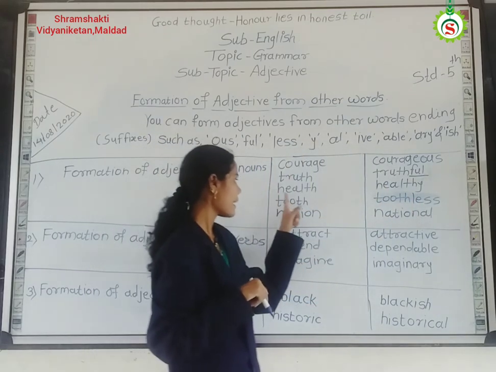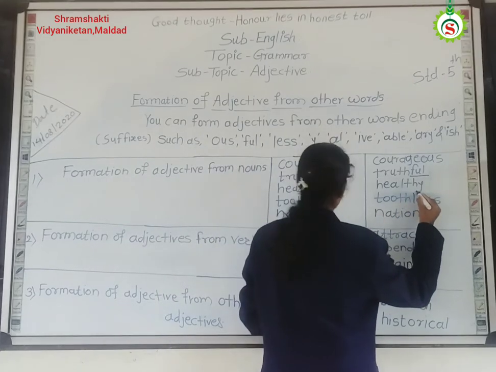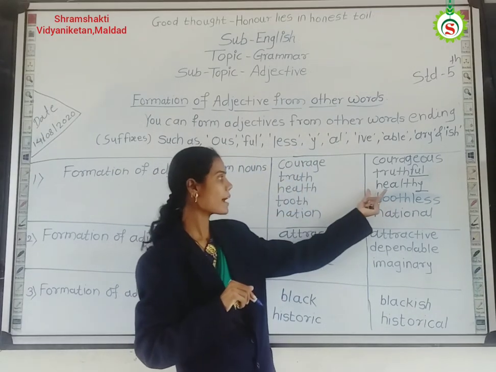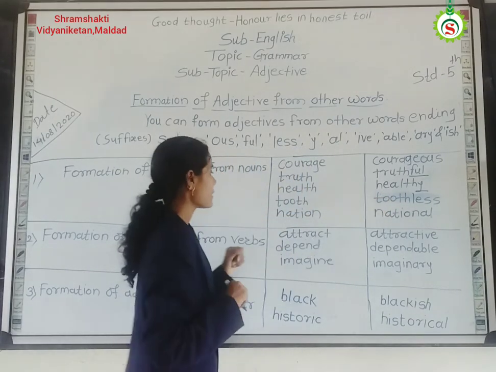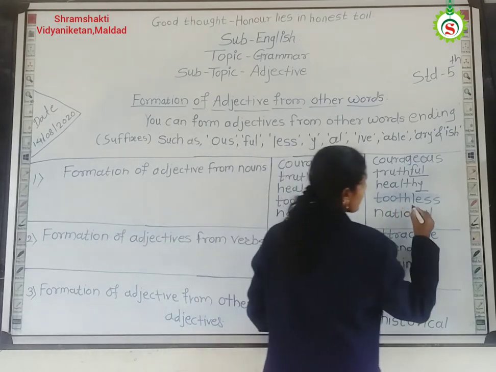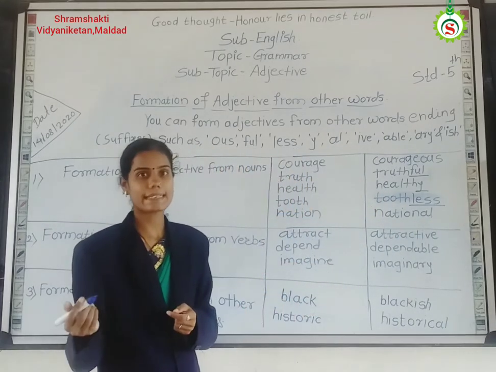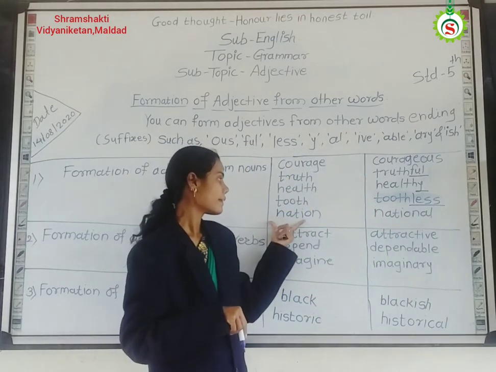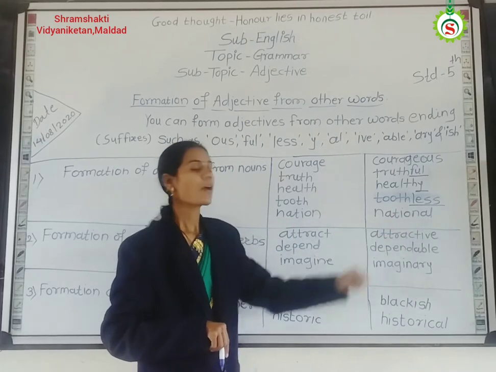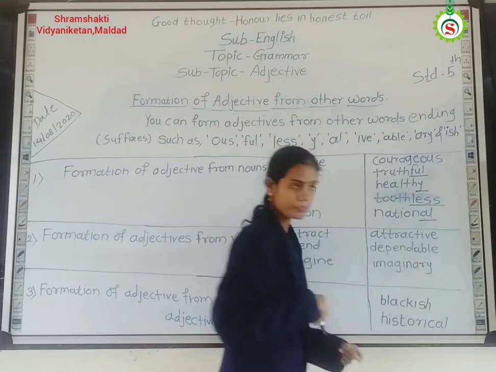Then next is health. We add Y, and make what? Healthy. Then tooth. We add less, and we make what? Toothless.